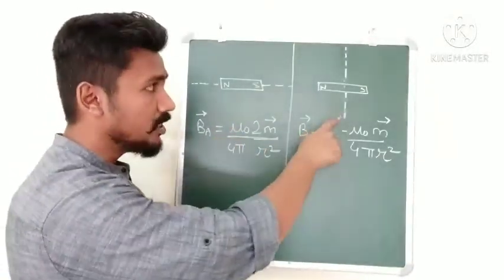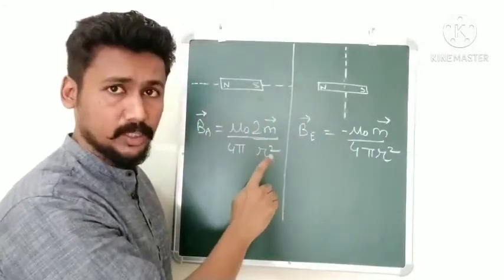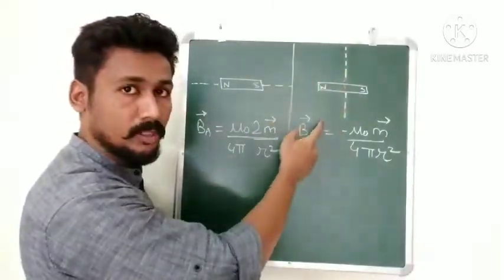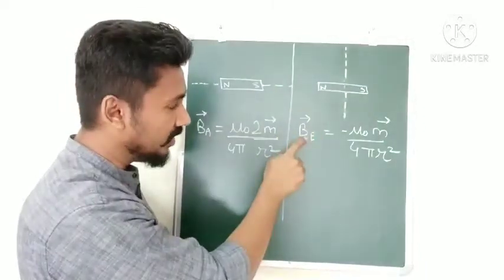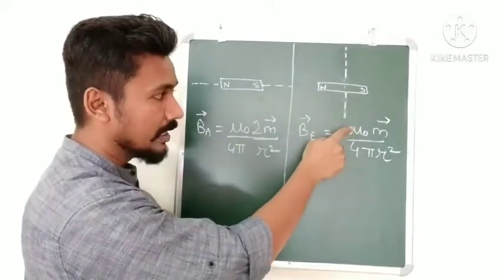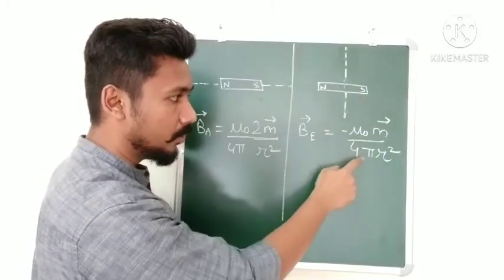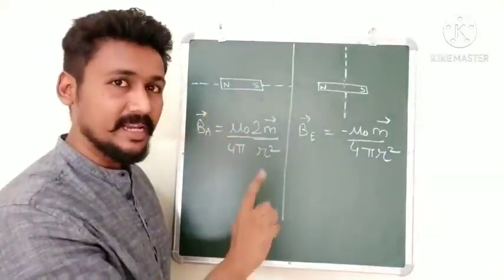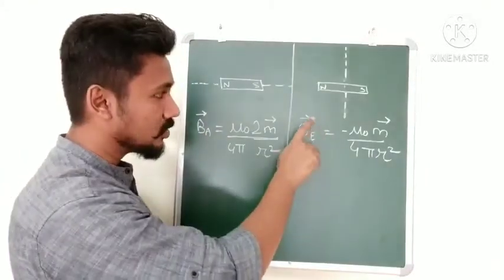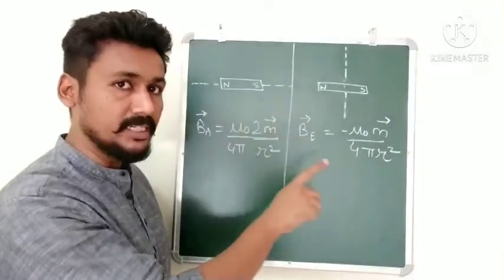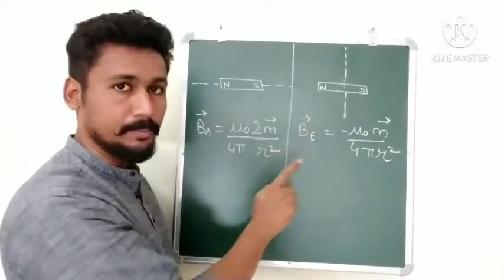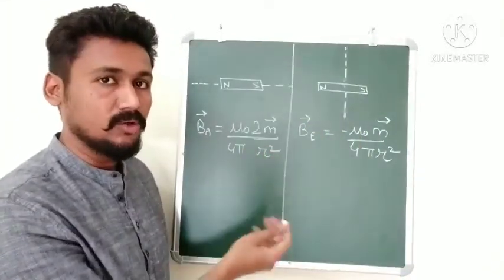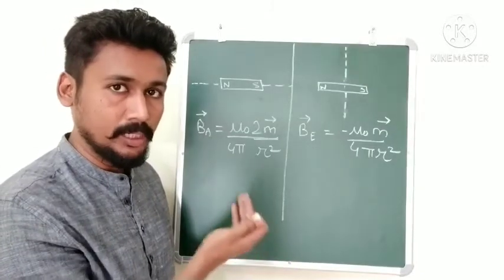Next, for a point on the equatorial plane of the magnet, that is on this point, the magnetic field is given by B equal to minus mu naught M upon 4 pi r square. Here we are getting a minus sign. This minus sign shows that the direction of the magnetic field is opposite to the direction of the magnetic dipole moment. Now of course, we know how to find the direction of the magnetic dipole moment.